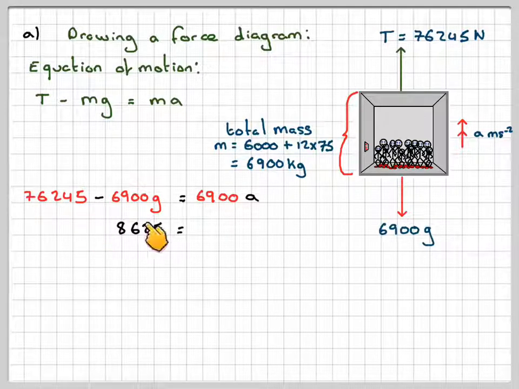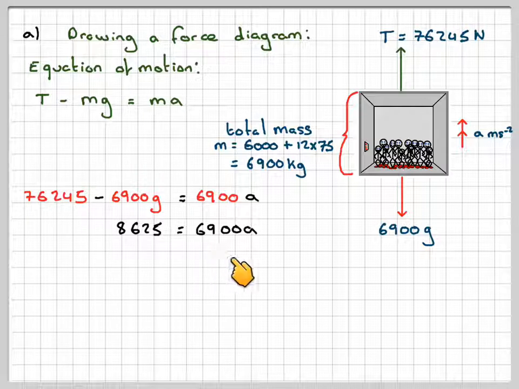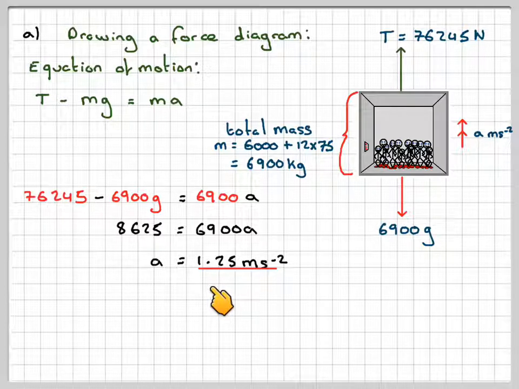When we work this out, it comes to 8,625 is equal to 6,900a, and therefore a will be equal to 1.25 meters per second squared.